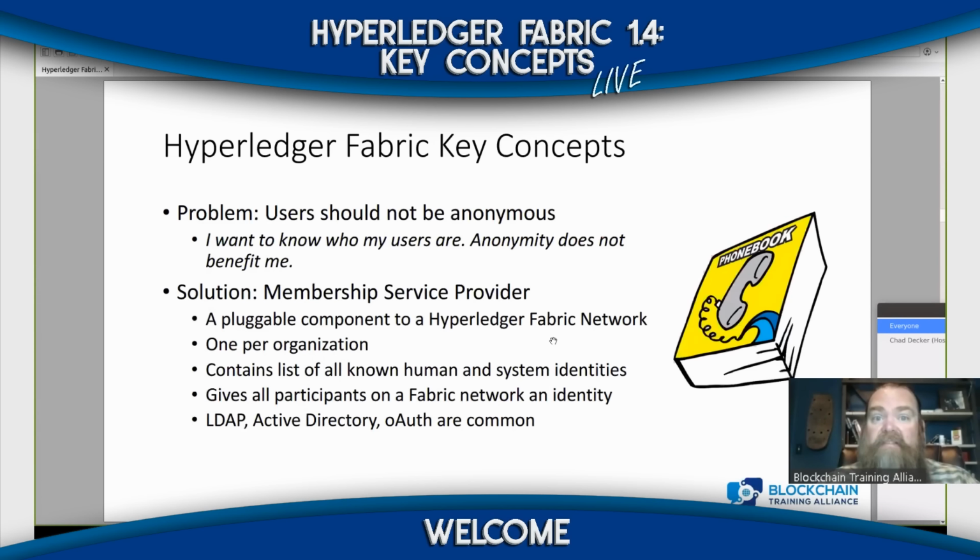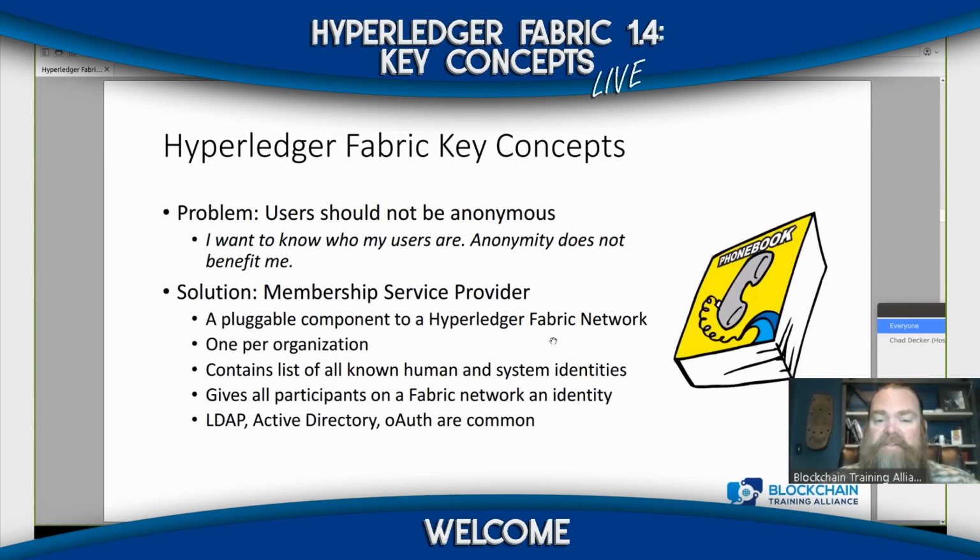It's a very antiquated analogy, but you can think of the membership service provider as being exactly like the phone book, like the white pages or the yellow pages. It's simply a listing of all of the valid identities on a network. So a phone book tells you all of the valid phone numbers on the network and to whom they belong.